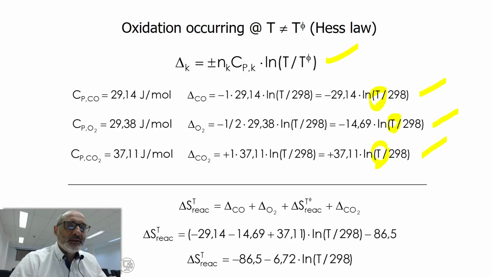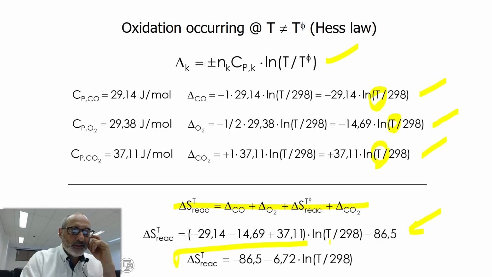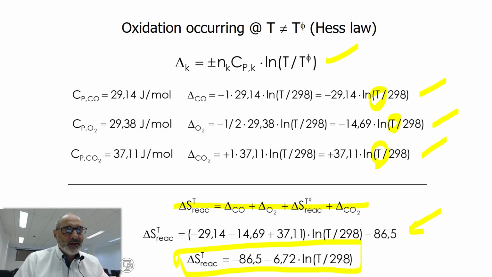So the variations of entropies in terms of the temperature, okay, and when I apply Hess's law, I get here, okay, and replacing all that we have, we get this final result here, which is the reaction entropy variation in terms of the temperature at which the reaction is occurring.